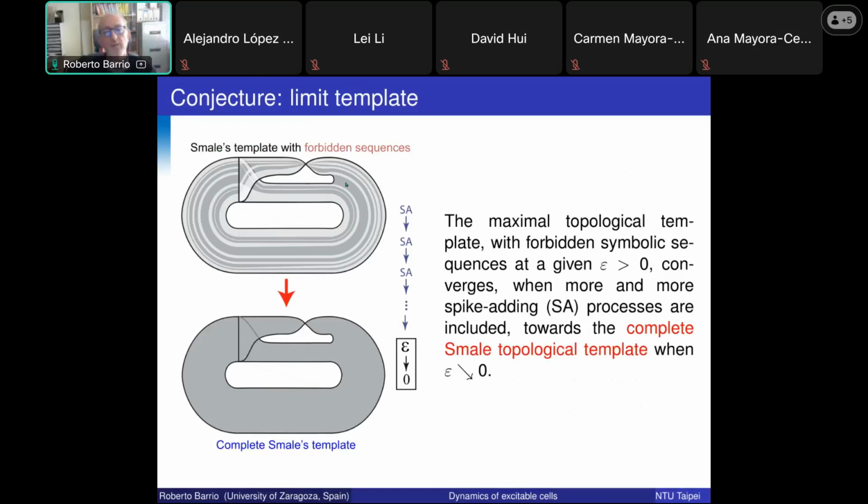So in the limit, we will have the complete Smale template, but for a finite value of epsilon, we'll have a Smale subtemplate in the chaotic attractor. Okay, so this will be the question related with epsilon goes to 0.